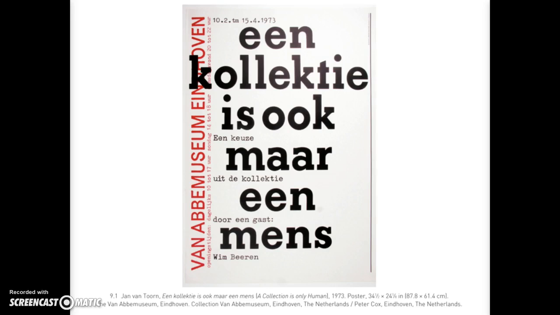So Van Toorn was very radical at this time. He had a reputation as a designer and an educator, and he was very interested in all forms of propaganda, manipulation, and dissemination of information.